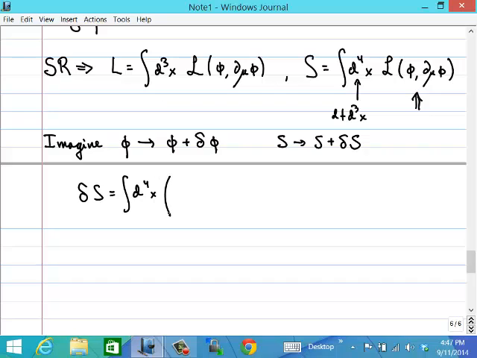Well, the Lagrangian depends on both phi and the first derivative of phi, so we just go ahead and use the chain rule. So as phi goes to phi plus delta phi, there's one term that comes from the dependence of L on phi. That's just dL by d phi times delta phi. And another term that comes from the dependence of L on the first derivative of phi.